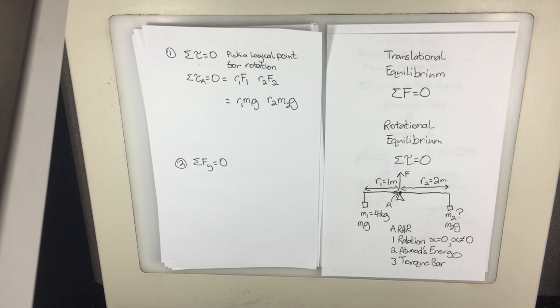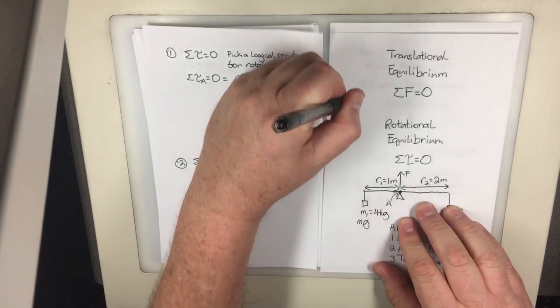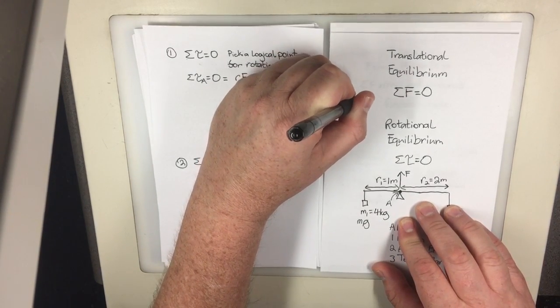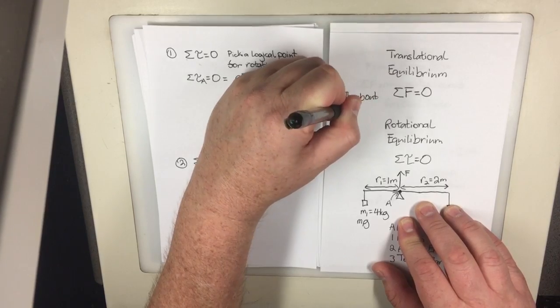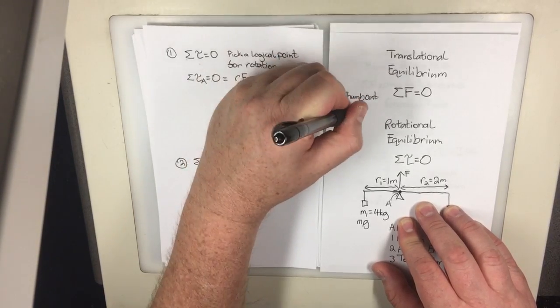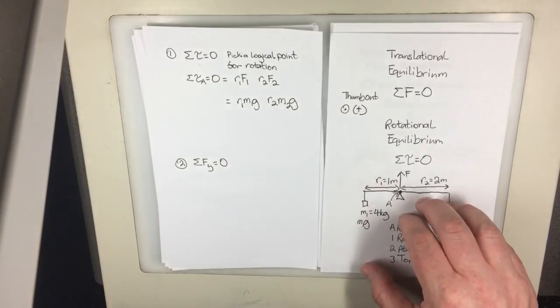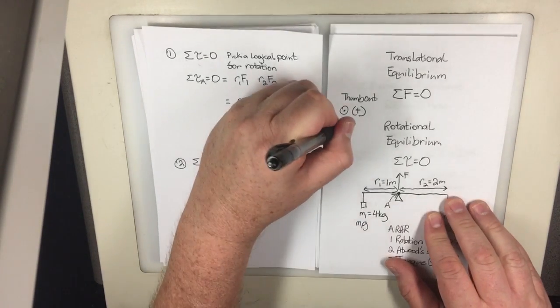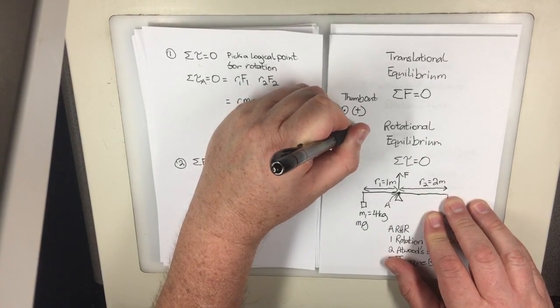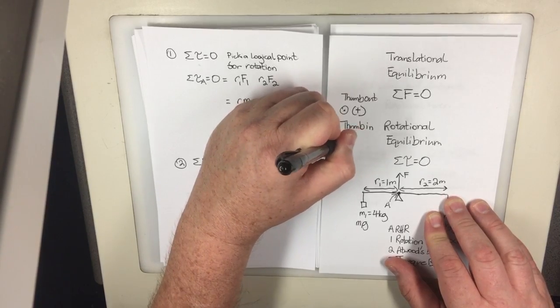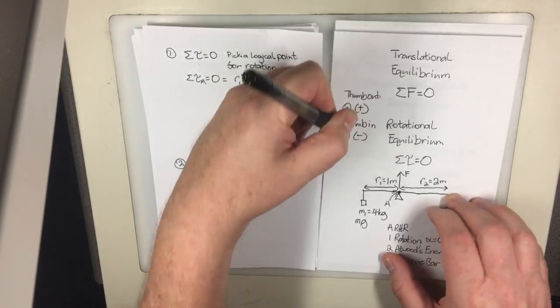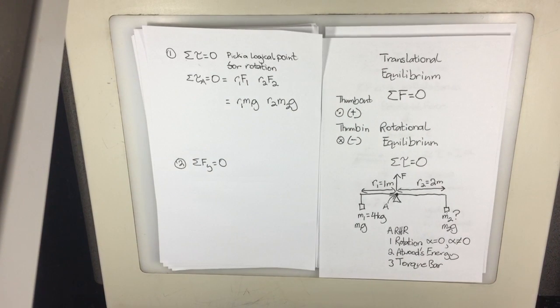What you do is you go first vector, the R, second vector, the direction of the force, and then the third vector is the thumb. If it's thumb out, it's a circle dot, and thumb out is positive. Thumb into the page is a cross, and so we get negative. So thumb out positive, thumb in negative.